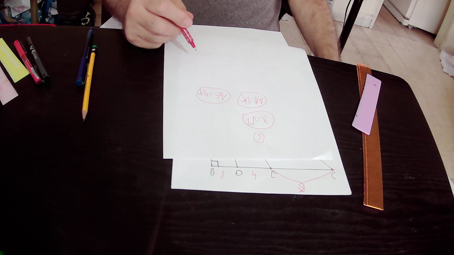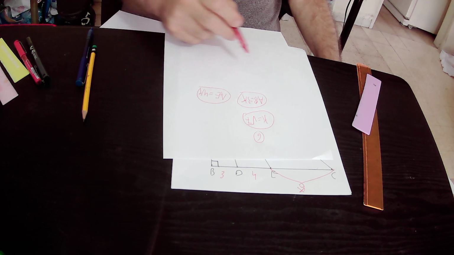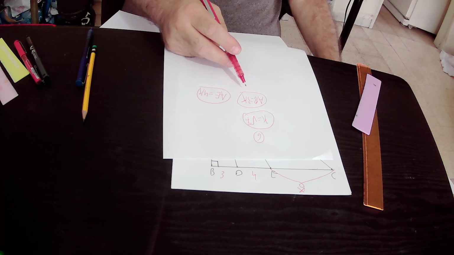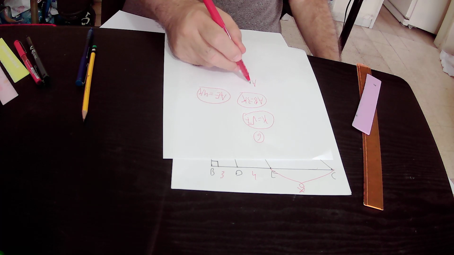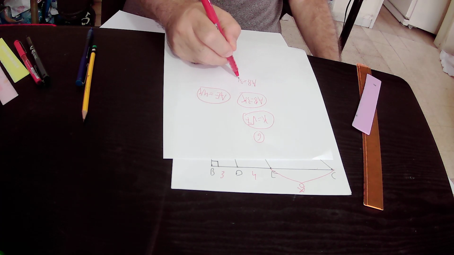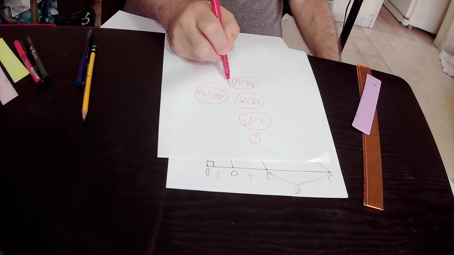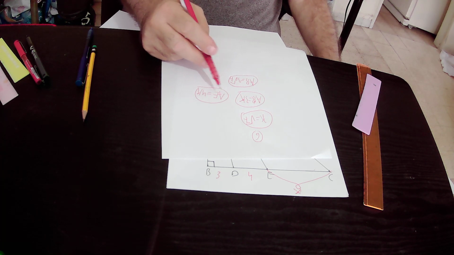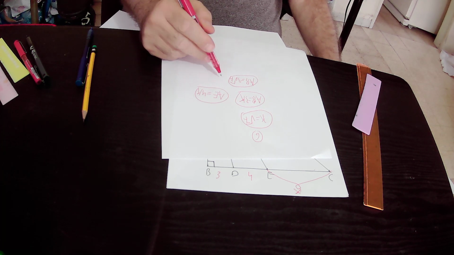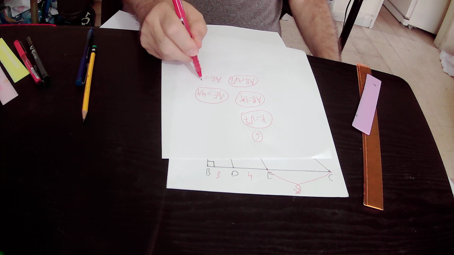So we will place the value of k in the variable AB, and we will get that AB equals 3 times root 7. And we will also place the value of k in variable AE, and we will get that AE equals 4 times root 7.